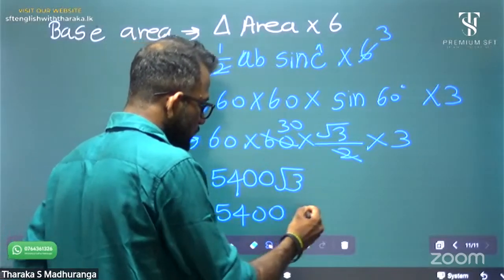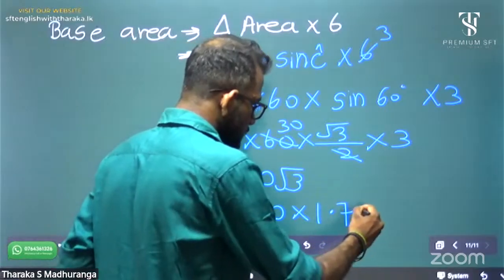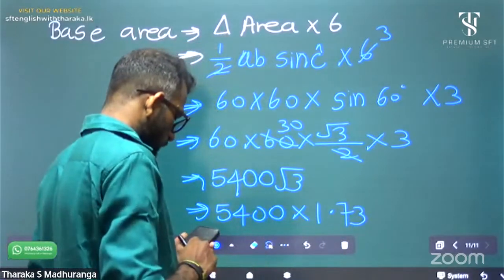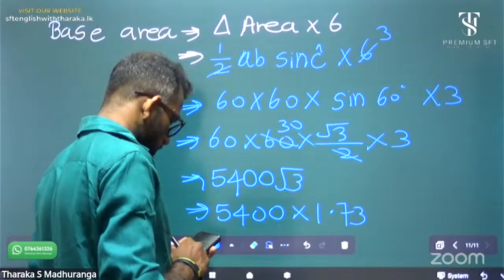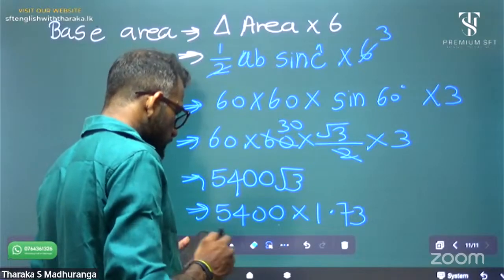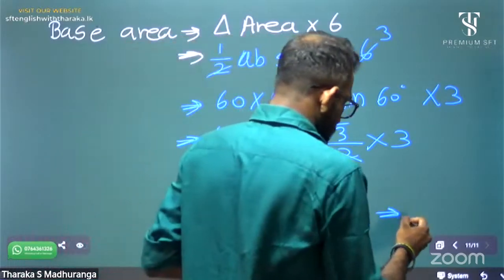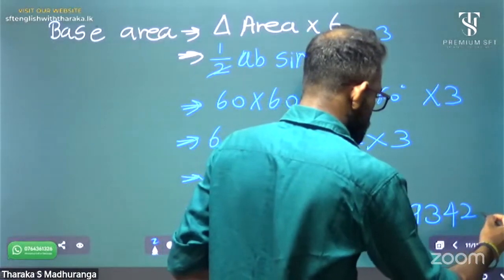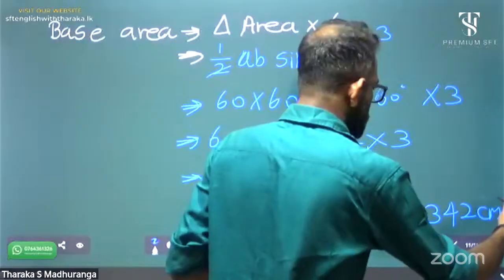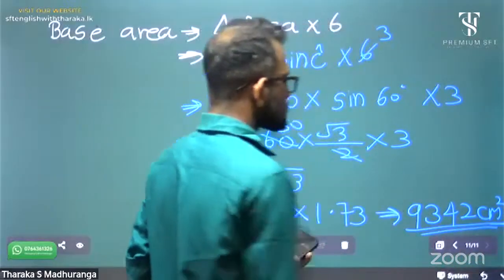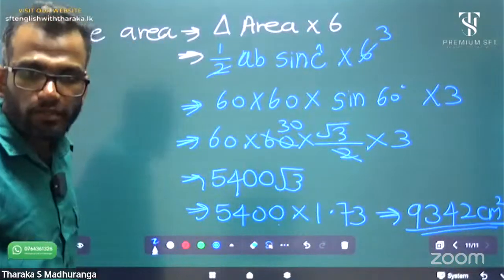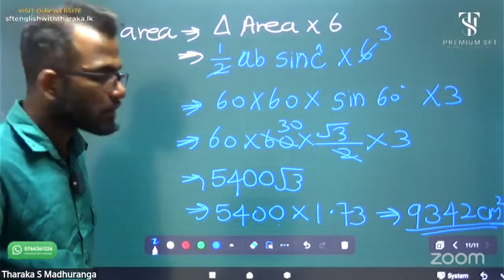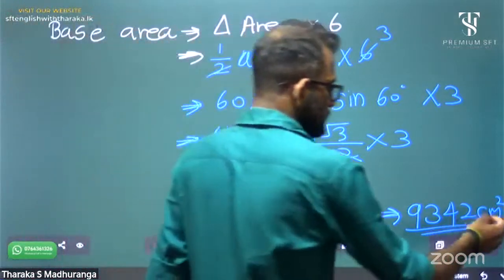5,400 into 1.73. You are now correct, right? 9,342 square centimeter. No, square meter. Square meter.